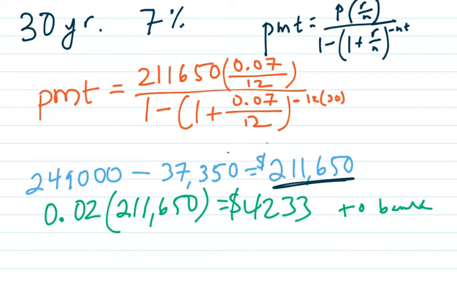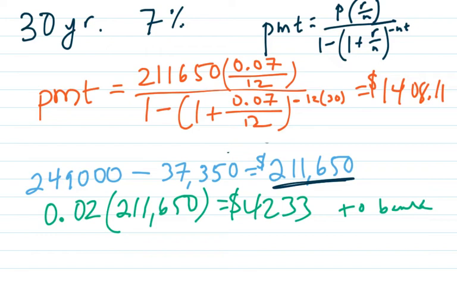Okay, so putting this all in our calculator, monthly payment would be $1,408.11. That's just the mortgage payment. That wouldn't include the property taxes and the homeowners insurance.